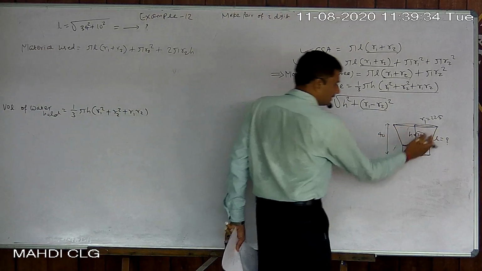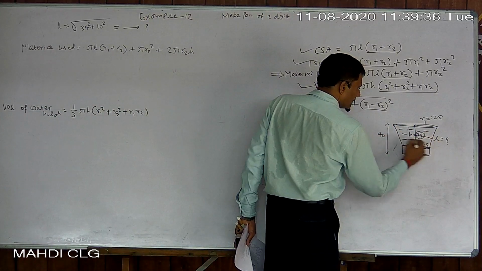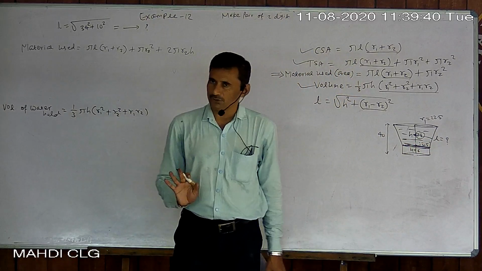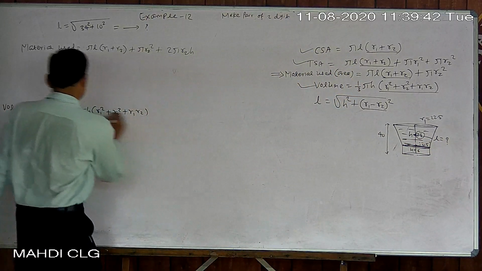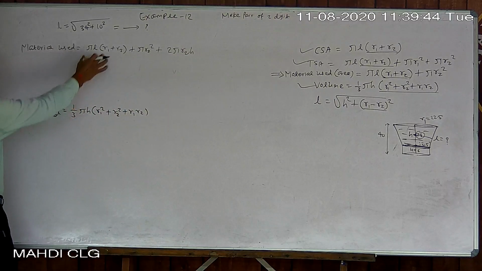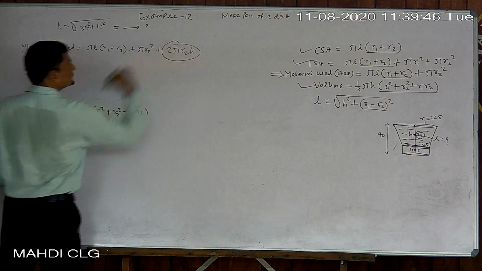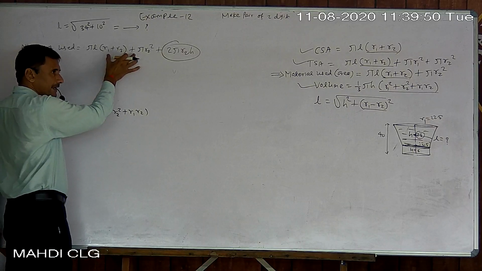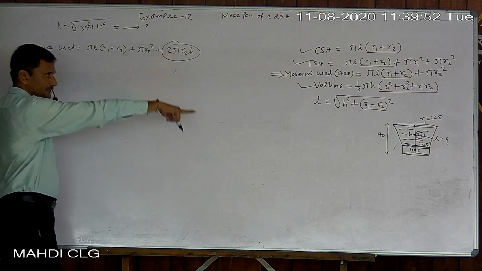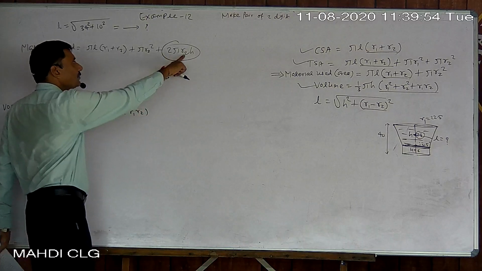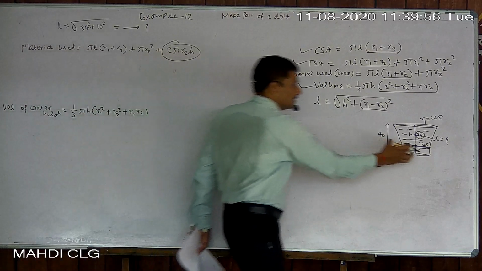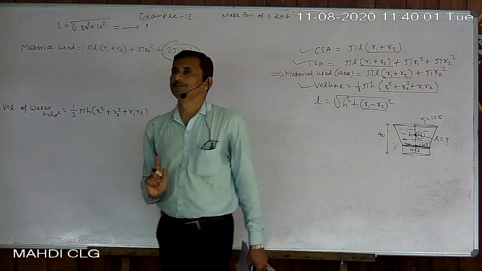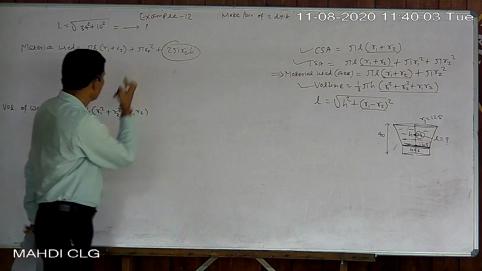Water is only in the frustum part. The cylinder is for support only, not for filling water. You understand? So that is again very simple. The material used part is repeated, and the support part uses 2 pi r, because its radius is the smaller radius of the frustum.